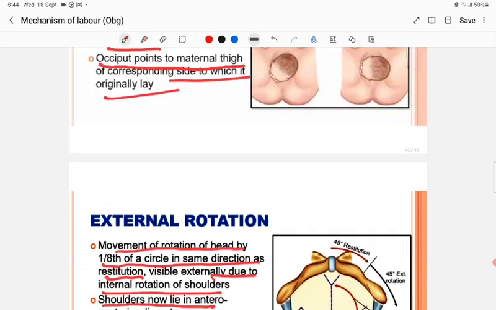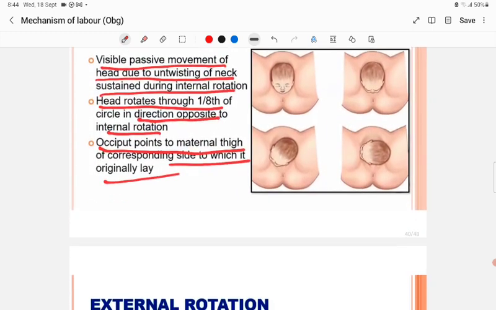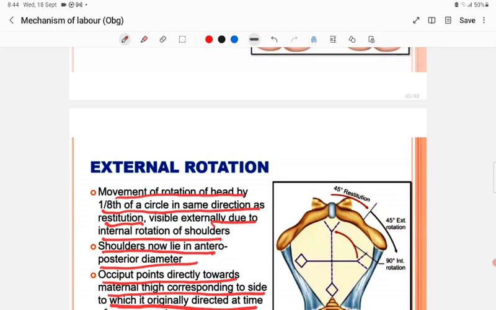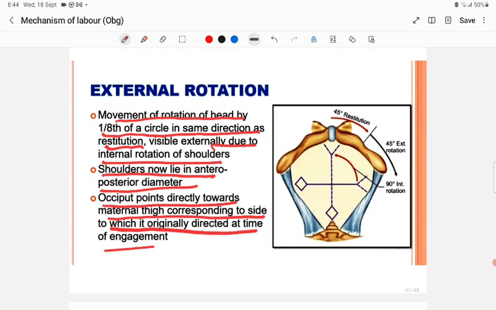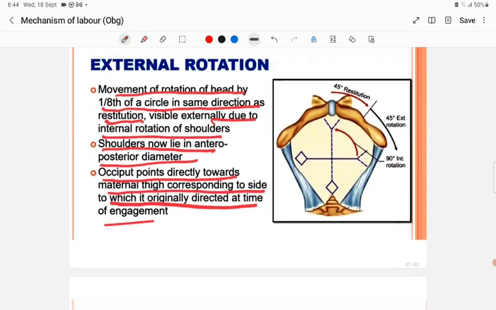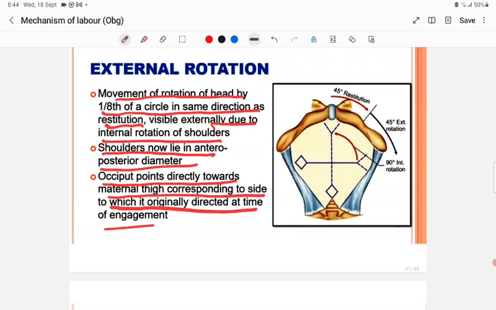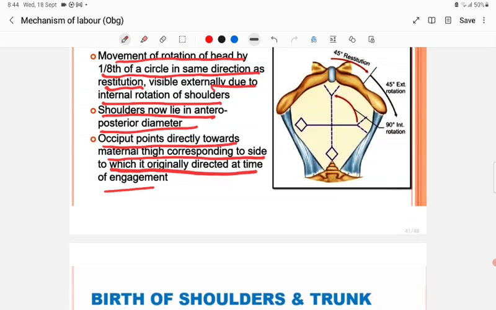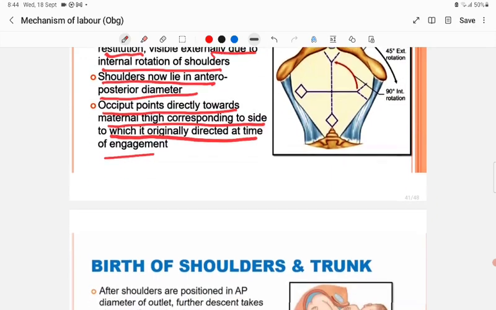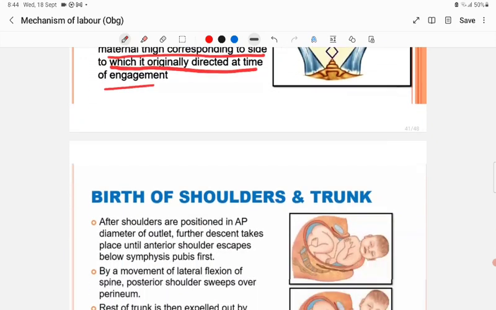First in restitution the head is untwisting 1/8 of a circle, but in external rotation the shoulder is rotated internally, which is manifest externally as external rotation of 1/8 of a circle opposite to the direction of the internal rotation. So this is called external rotation. Now the shoulder lies in the anteroposterior diameter and the occiput is directed towards the maternal thigh, corresponding to the side originally directed at the time of engagement.